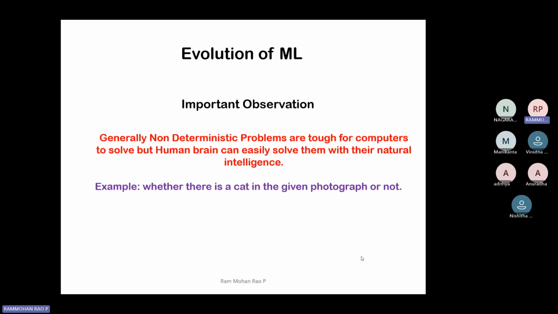Whereas it becomes very difficult for us to write a program to identify a cat or a dog in an image. It is very tough for us. So this is an important observation. Non-deterministic problems are tough for computers to solve because you can't write an algorithm, whereas humans can easily solve all such problems, right?